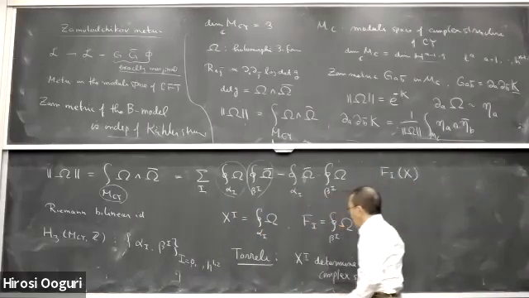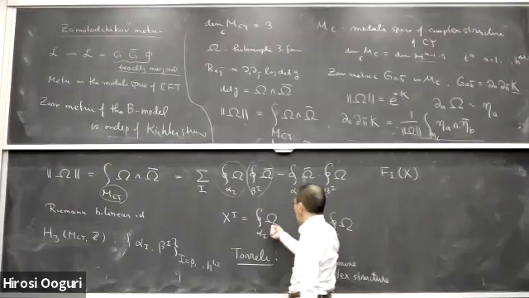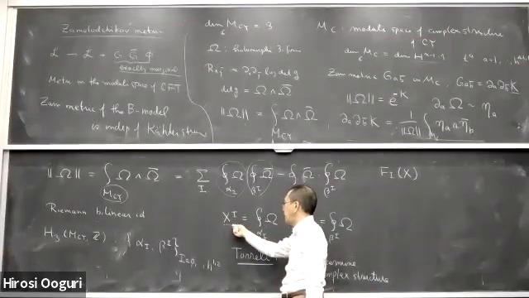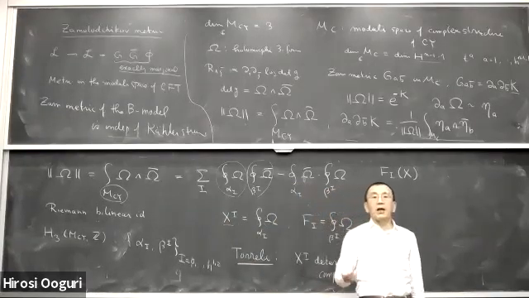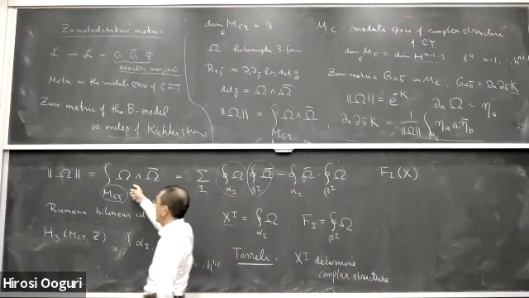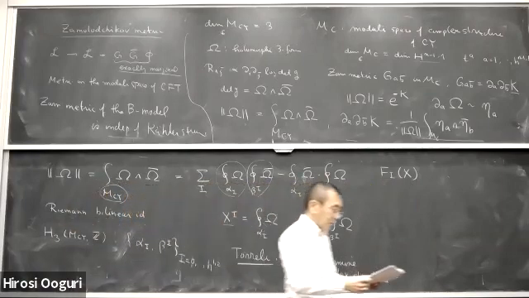Okay, but there is some redundancy in this parameterization, because if omega is a holomorphic 3-form, then you can calculate xi, but you can multiply omega by any non-zero complex number, and this is also a good way to define the holomorphic 3-form.